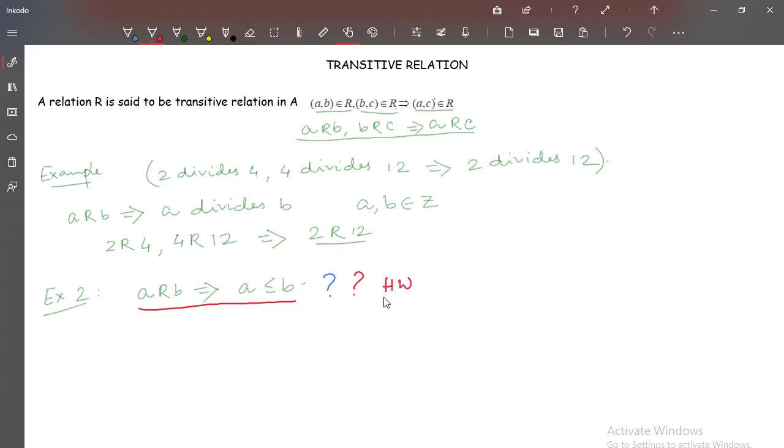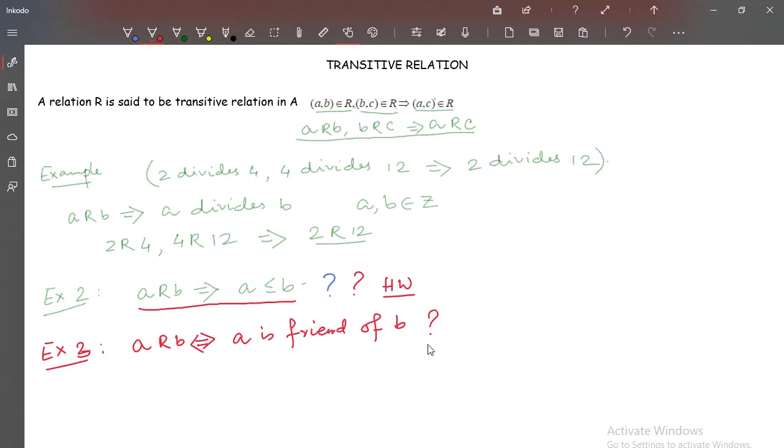Homework. I am giving one more example. This is also for your homework. A is related to B, that implies and is implied by A is a friend of B. What do you think?